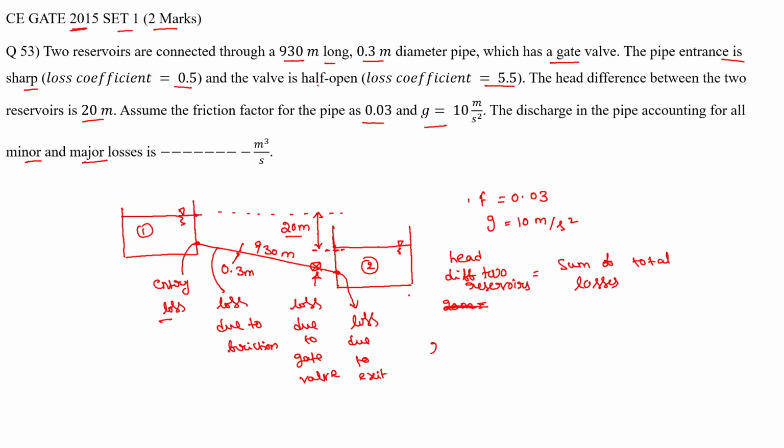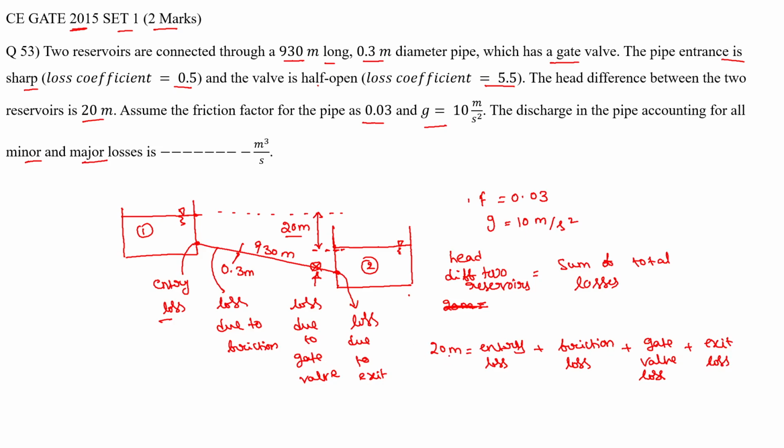So 20 meters equals entry loss plus friction loss plus gate valve loss plus exit loss.